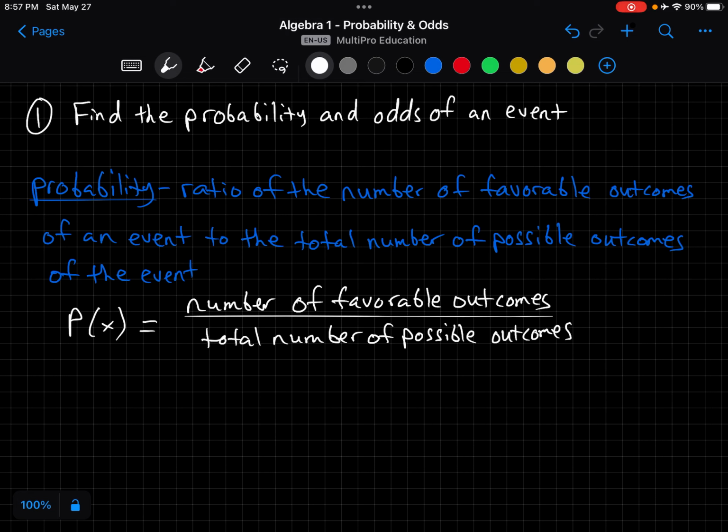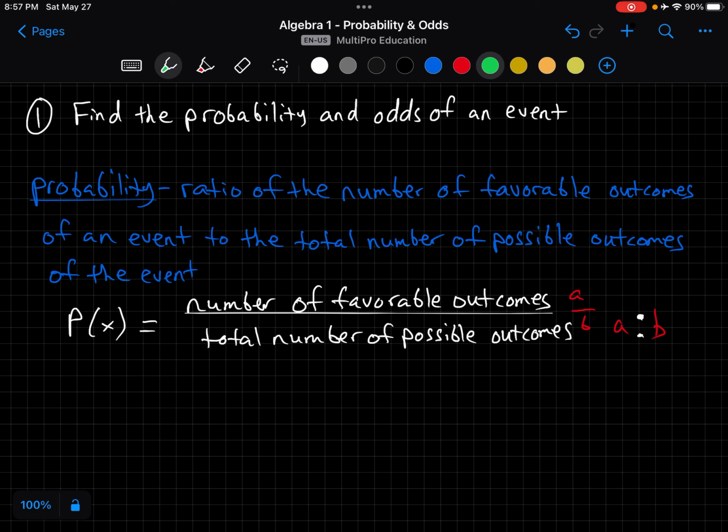Or you can also do a ratio. You can have your little colon. So if we say that this is A over B, we say A to B.